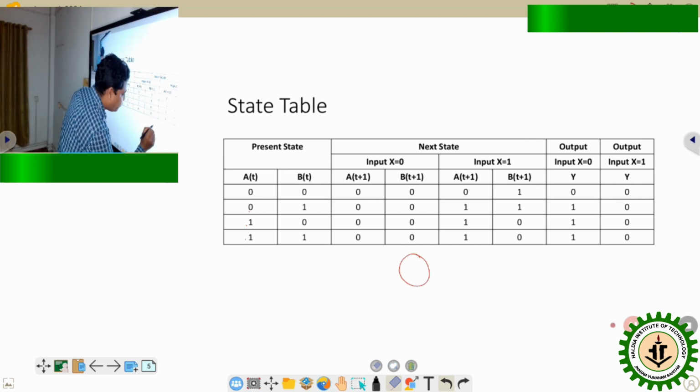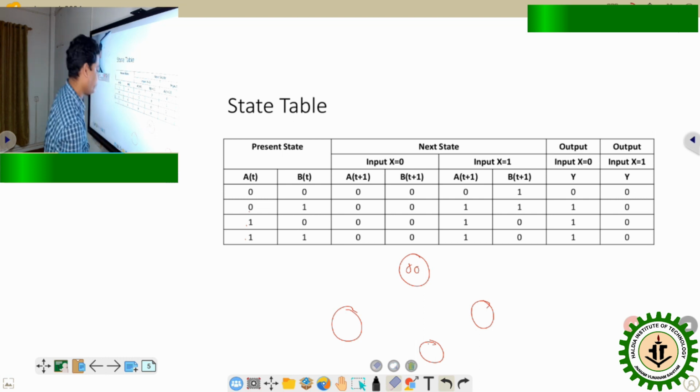First of all, we need to write the different states: 00, then 01, then let's write 11.